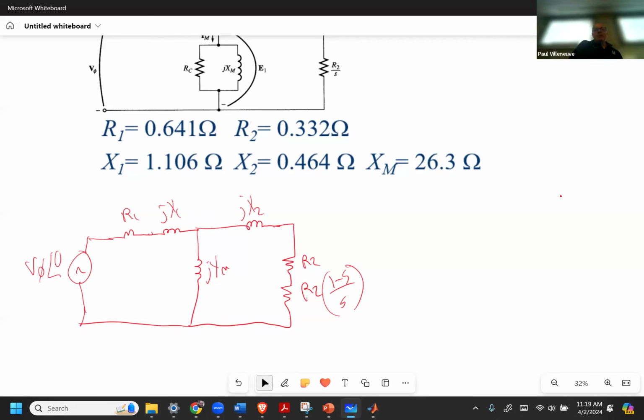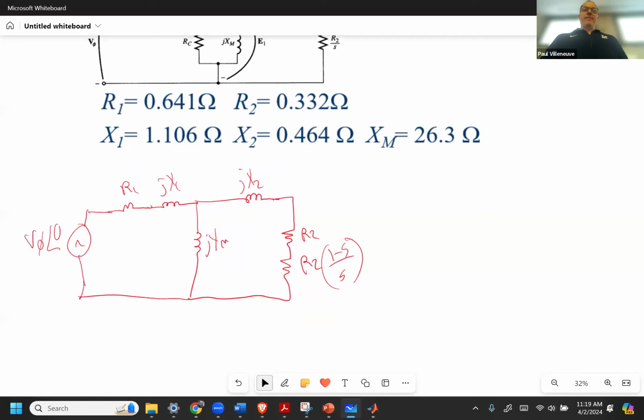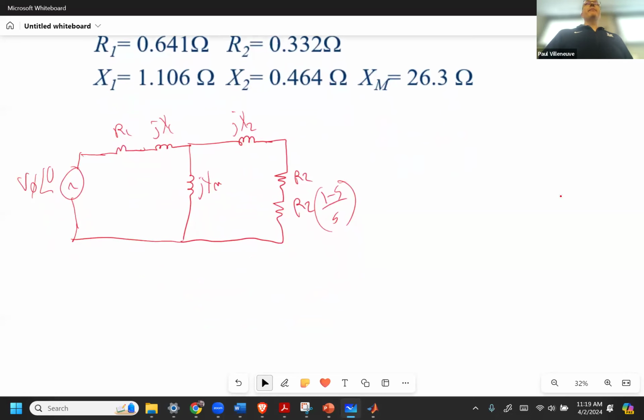So do you have another way to analyze a circuit without doing the series-parallel combinations? How about doing loop equations?